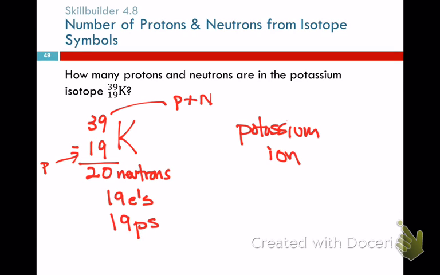So if you were to do this same problem with the potassium ion, it would be 20 neutrons, 19 protons, and 18 electrons. You would have to interpret that from the question, whether it's the ion or the atom or the isotope. Atom and isotope you treat the same. But if it says ion, then you have to figure out whether it's a cation or an anion, and how many electrons it loses.